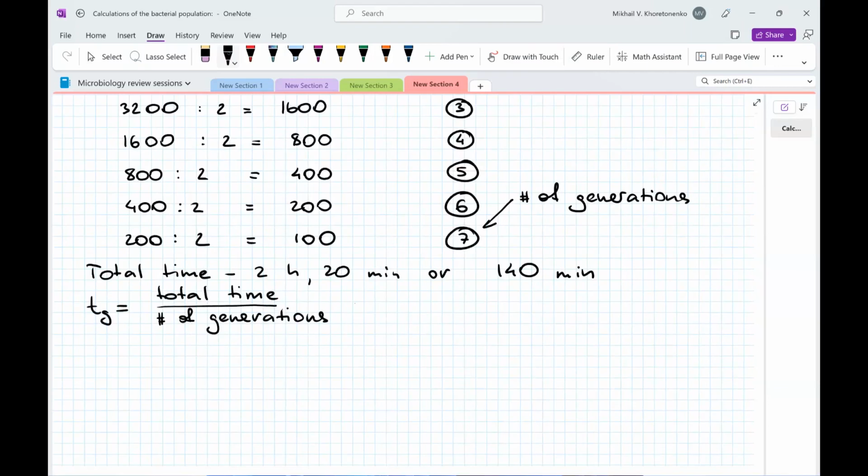Which means 140 minutes divided by 7, which gives you 20 minutes. So this is your generation time. Does that make sense?